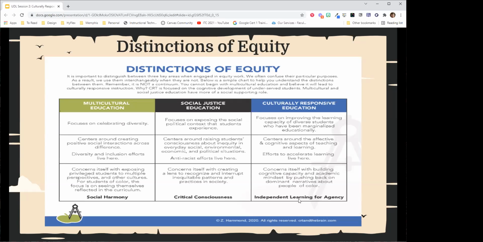That's one of the main things that culturally responsive teaching does. It recognizes that different cultures learn different ways, and not one culture is better than the other. So rather than dismissing cultures and rather than saying you have to learn it this way, culturally responsive teaching opens the doors so that diverse cultures can learn the same content in similar ways that are best for their particular cultural backgrounds.